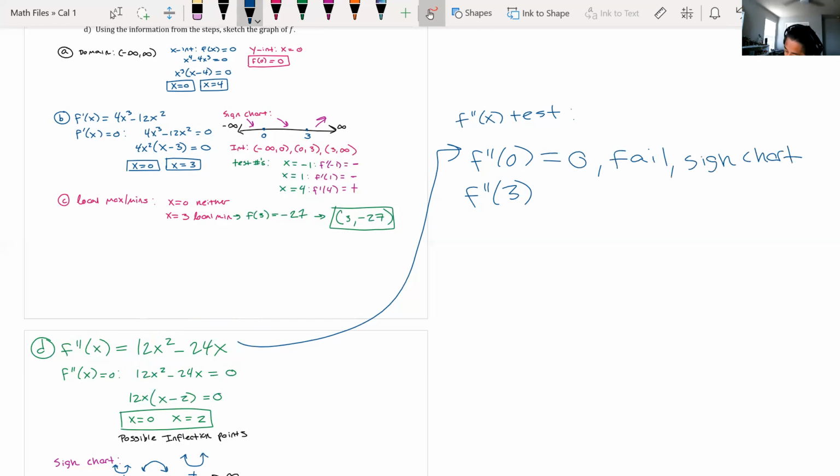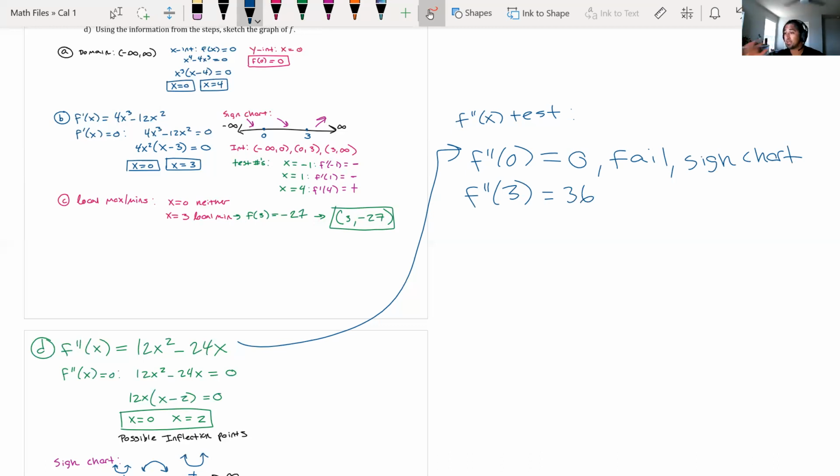But if you plug 3 into the second derivative, 12 times 9, that's positive, so that'll be 36.